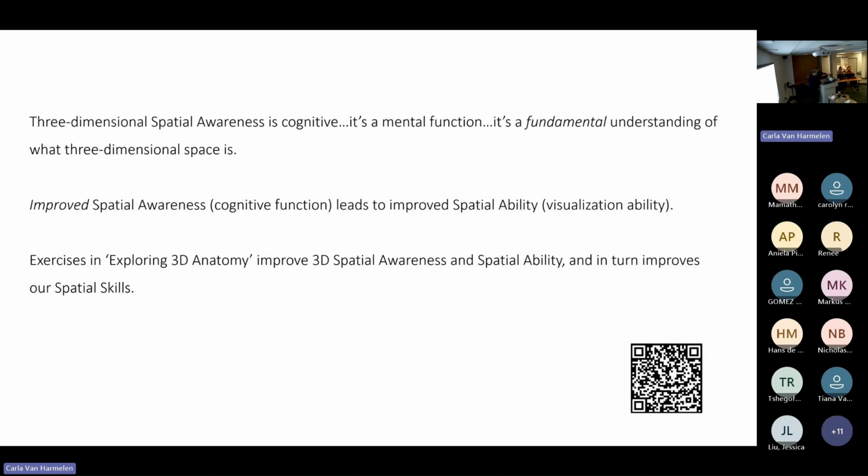And so you know it yourselves. And after the talk, I'm going to ask you for your experience. And then improved spatial awareness, well, you'll tell everyone, leads to improved spatial ability, which is that ability to visualize, a mental picture, right? And then the exercises that you're going to do here will improve your spatial skills: patient examination, dissection, and whatever else you do.